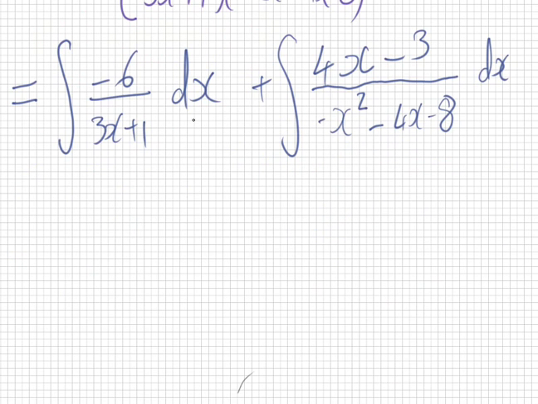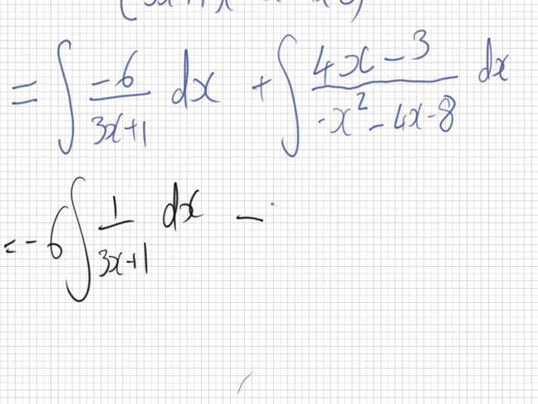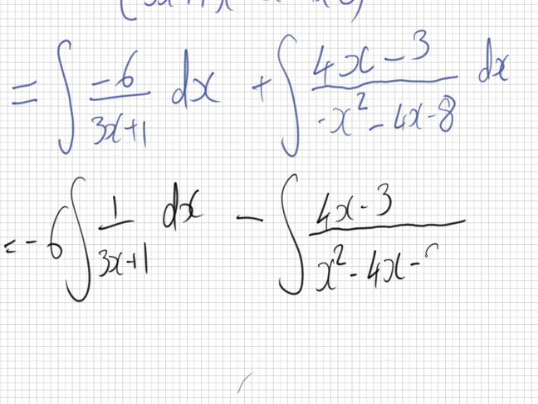So here I'll get minus 6 over 3x plus 1 dx. Actually, you know what I'll do? I'll take a minus out. So it'll be minus 4x minus 3 all over x squared minus 4x minus 8 dx. Sorry, of course, thanks, Hong. Plus.